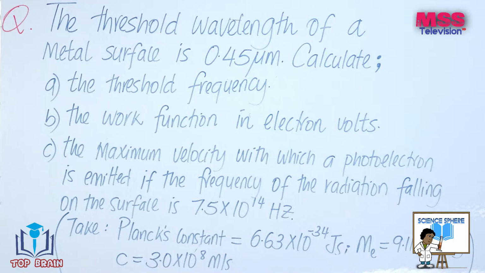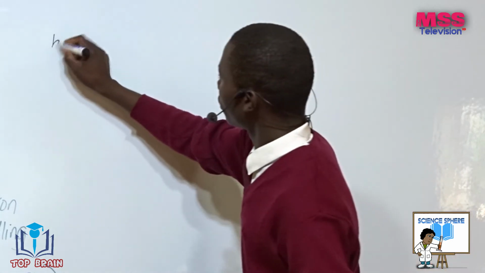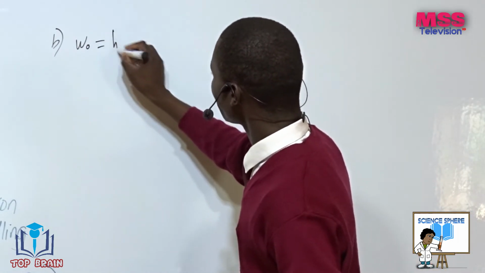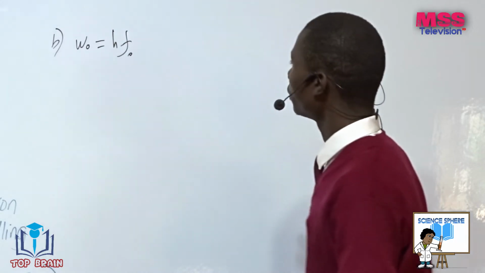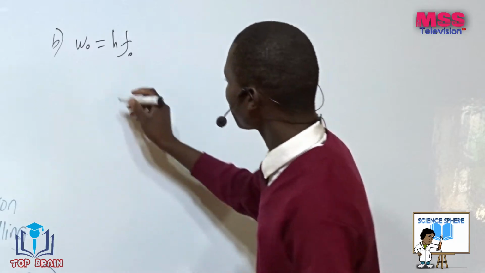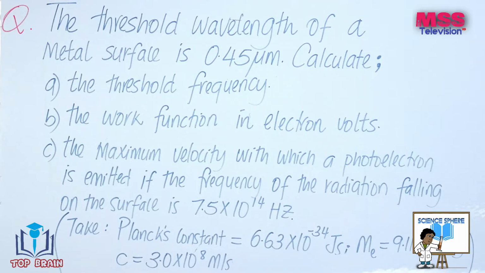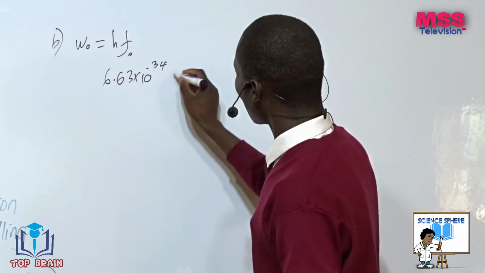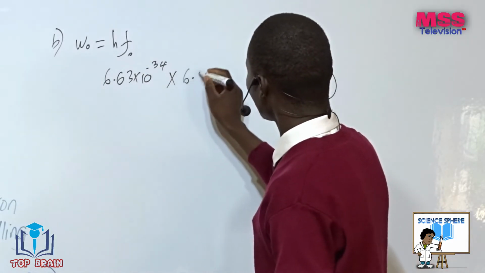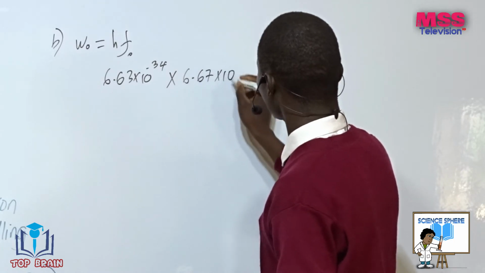Our part B of the question needs you to get the work function in electron volts. So work function is given by H F naught. Having H as the Planck's constant, 6.63 times 10 raised to negative 34, multiplied by our threshold frequency, which was 6.67 times 10 raised to 14.